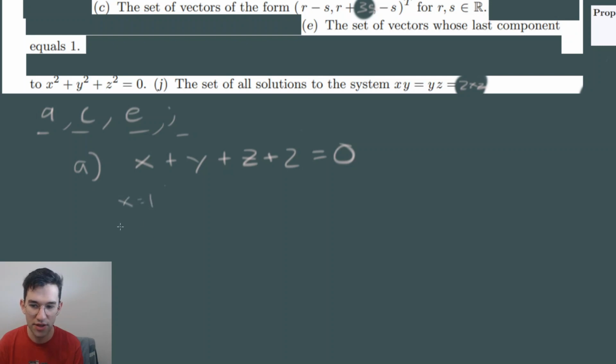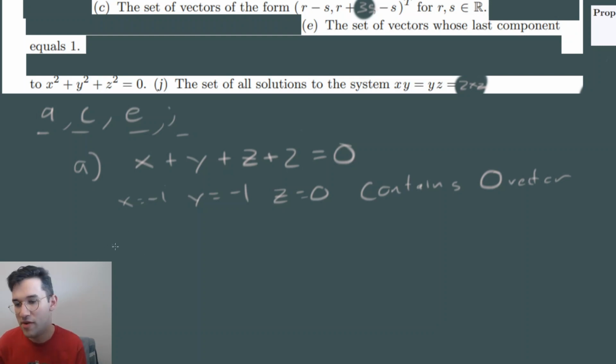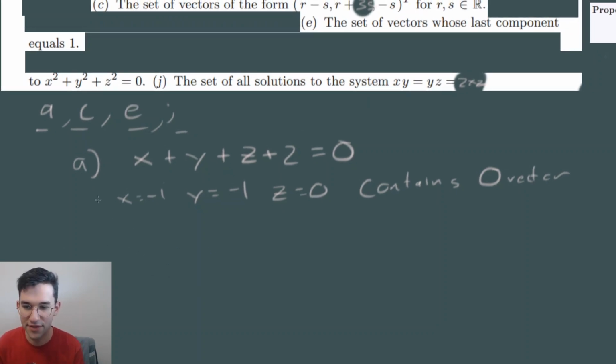So if x equals 1, y equals 1, and z equals -4, then, yeah, that works. So does this contain the zero vector? Check.